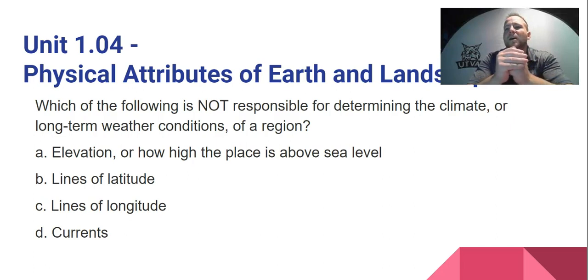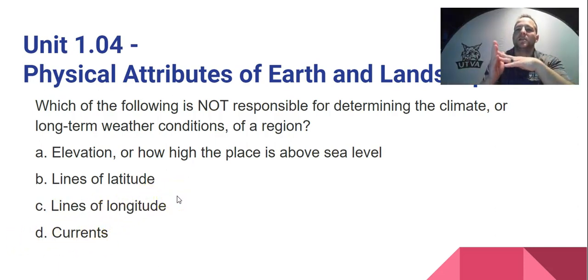Which of the following is not responsible for determining the climate or long-term weather conditions of a region? Would it be A, elevation, or high-low, how high a place is above sea level? That's what elevation is. B, lines of latitude, C, lines of longitude, or D, currents.